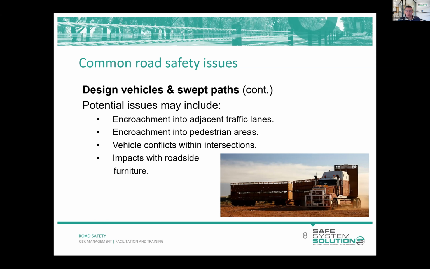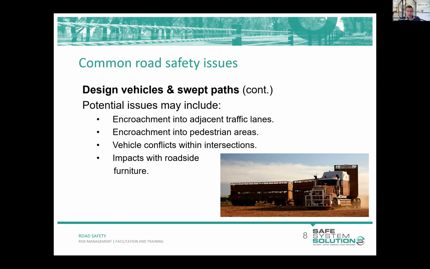If you have some swept path diagrams, it should be evident what vehicle has been used. As part of a site inspection, you can have a think about the types of vehicles that are getting about. So there are different ways to investigate what is an appropriate choice of design vehicle.